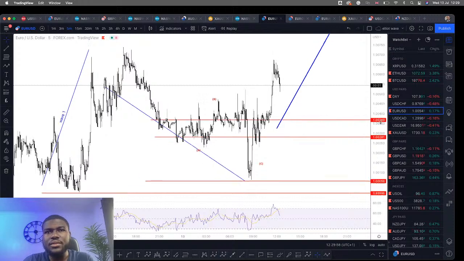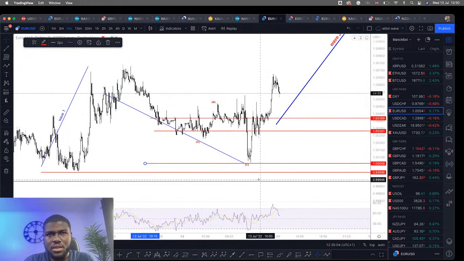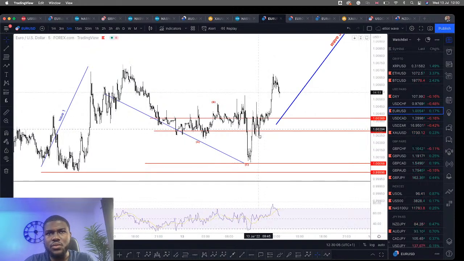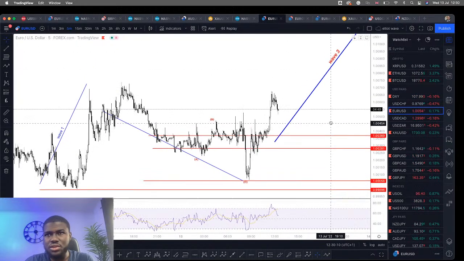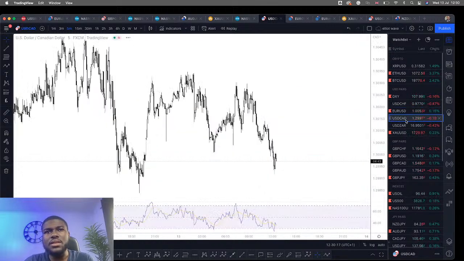What about euro dollar? Euro dollar, I think it's retracing already. So this is ABC, and I'm thinking this is another wave 1 here, wave 2, and there'll be a little retracement before the buy position continues. So euro dollar too, I'm still in the buy position. What about USDCAD?